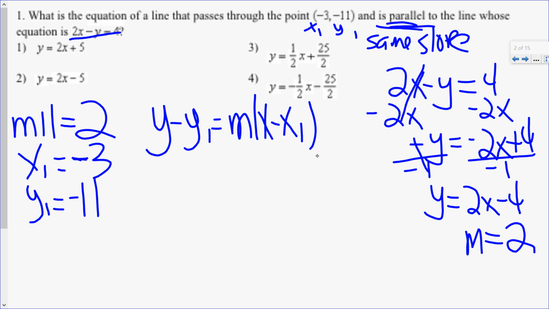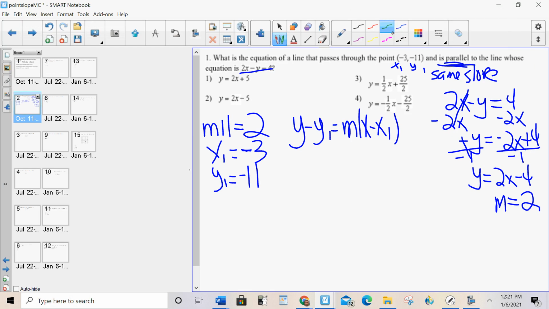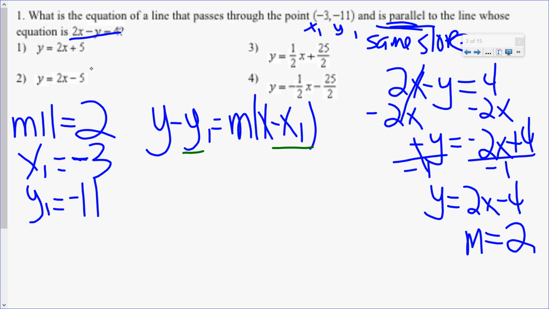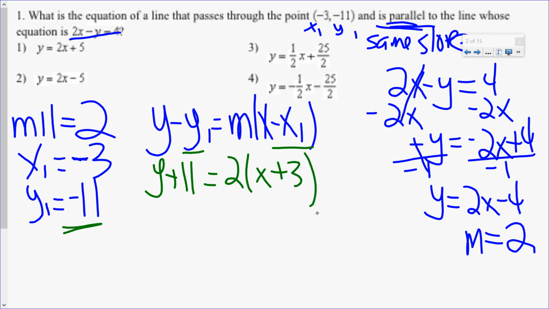So I'm going to substitute my values in. Remember, the minus means change the sign. Change the sign of x1. Change the sign of y1. So it'll become y plus 11 equals m times x plus 3.